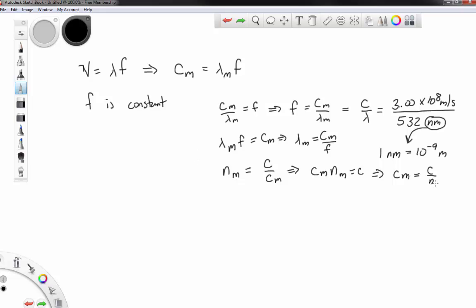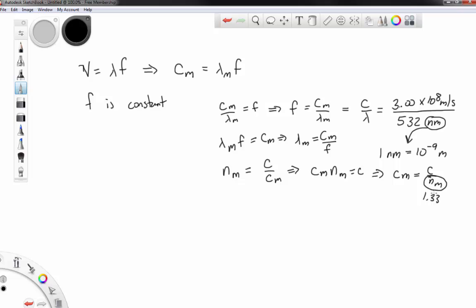So for water, you'd put 1.33 for this number right here. So this is 1.33, and again you get that off of table 7.1 from your text. So that is one way of doing it.